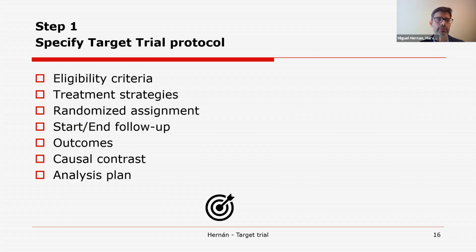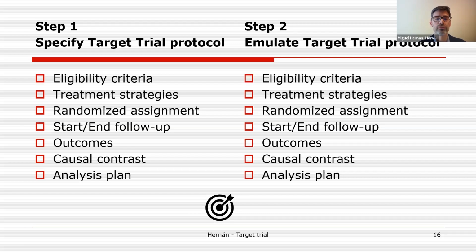The treatment strategies, how we're going to assign treatment, the start and the end of follow-up, the outcomes, the causal contrast, or as is now known, the causal estimate, and the analysis plan. And then once we know this for the target trial, we know what our causal question is. The next step is to emulate each of these components explicitly using the observational data, if we can.